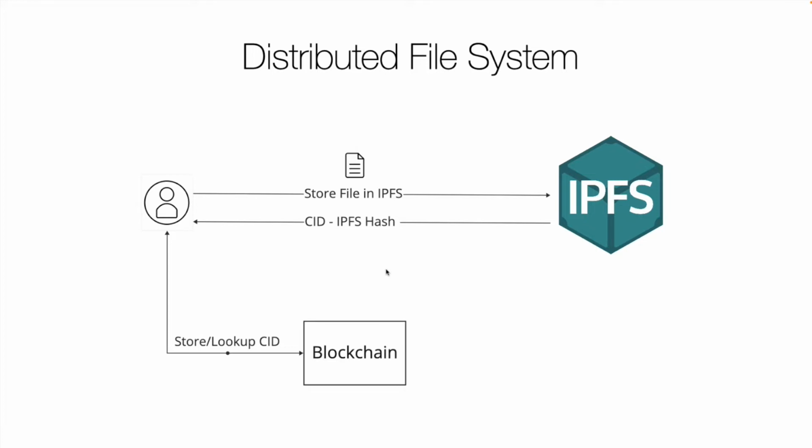Basically the file is distributed among all of the peers in the network. Then with this CID, we can store the CID in the blockchain network, which will point to the file which is stored in the IPFS. So blockchain will act like a data registry for the data.